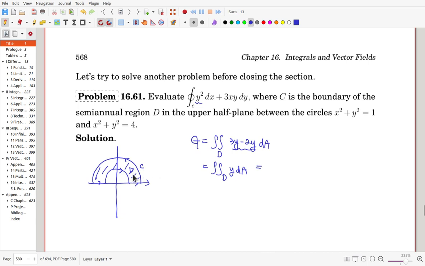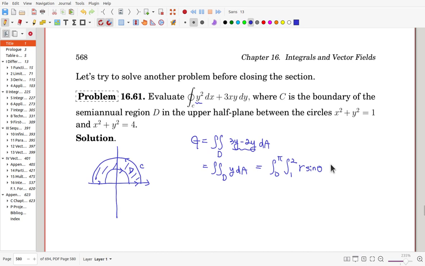Now the region is a polar region, so the angle is from 0 to π and the radius is from 1 to 2. In polar coordinates, x is r cos θ and y is r sin θ, right?